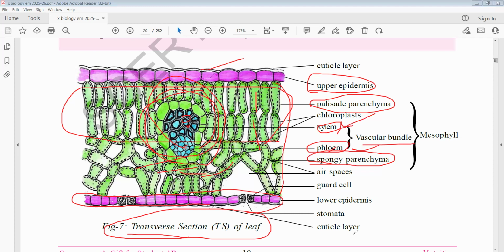In the mesophyll we can see three important parts: palisade parenchyma, spongy parenchyma, and vascular bundle, which consists of two kinds of complex tissues, xylem and phloem. Xylem conducts water and minerals from root to upper part, whereas phloem transfers food material from leaves to other parts of the plant.